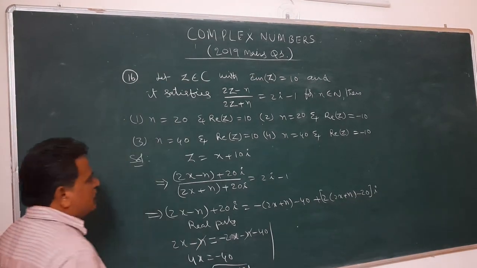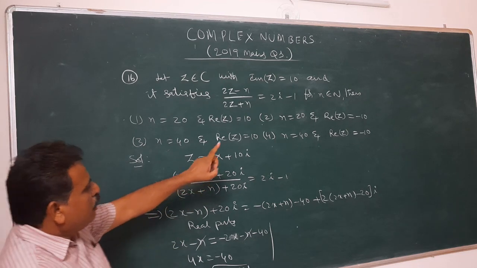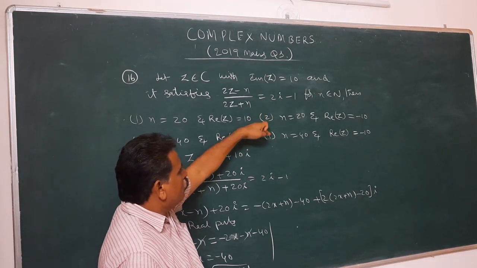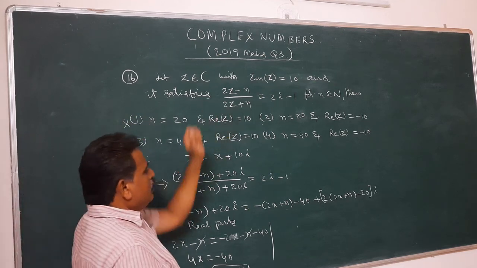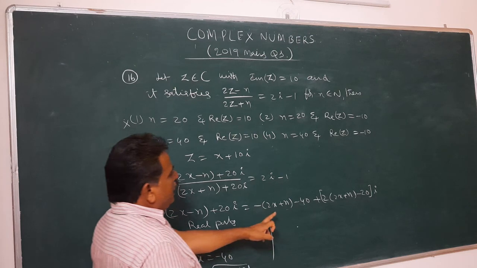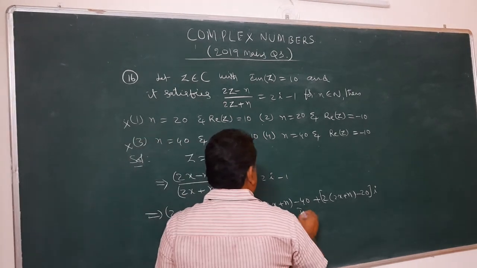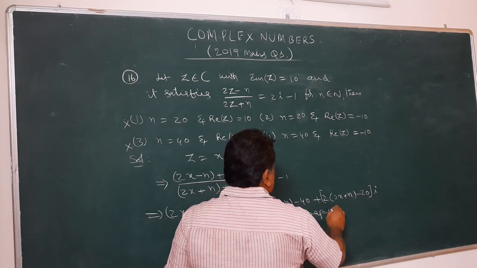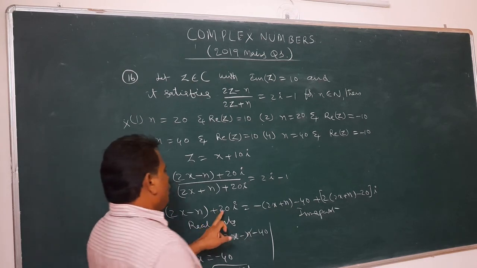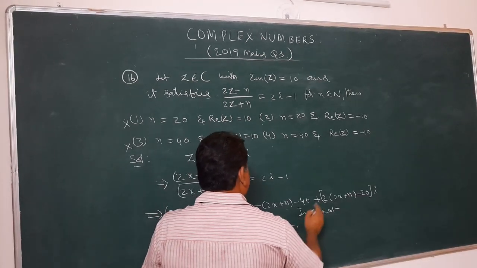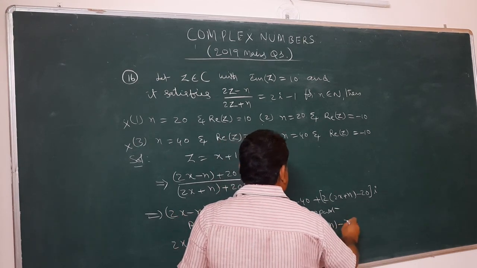x equal to minus 10 means real part of z equal to minus 10. Either option 2 or 4; first and third are wrong because real z is 10 there. Now find n. Substitute this x value in the imaginary part and compare both sides: 20 equal to 2 into (2x plus n) minus 20.